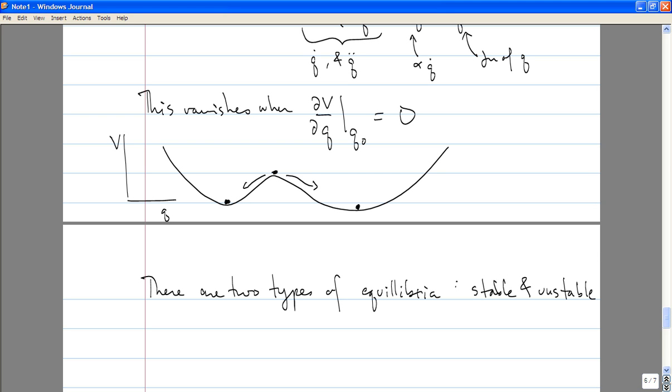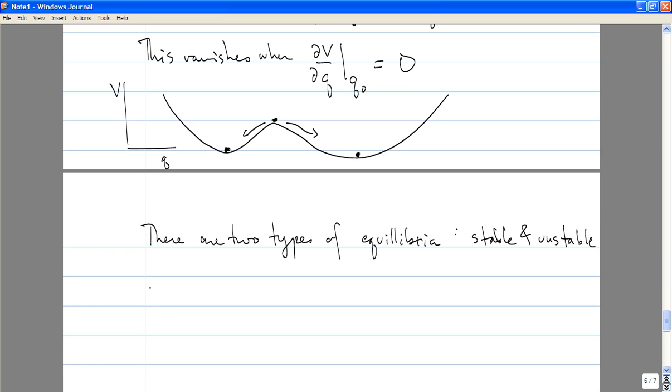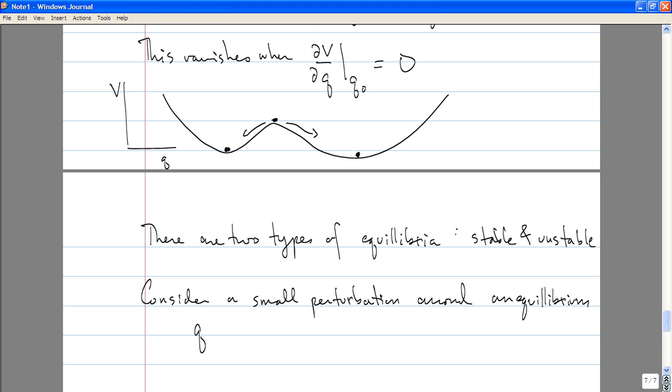So let's describe that a little more systematically. Consider a small perturbation around an equilibrium point. Earlier I was calling an equilibrium point a place where q is equal to q naught, but I will just choose my dynamical variable so that q naught is equal to 0.